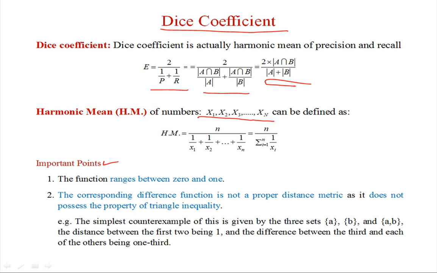Now some important points. The value of the dice coefficient ranges from 0 to 1. The corresponding difference function is not a proper distance metric and doesn't possess the property of triangular inequality. This is a general demerit of the dice coefficient: it doesn't satisfy the triangular inequality.